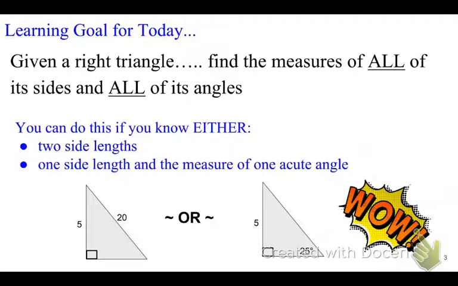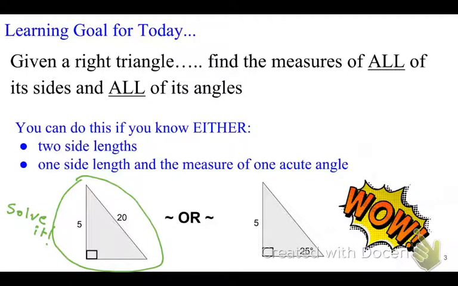It turns out you can do this if you know either two side lengths or one side length and the measure of one acute angle. And you see two examples here. So on a test, you would see that kind of figure, and then basically the question would just say, solve it.